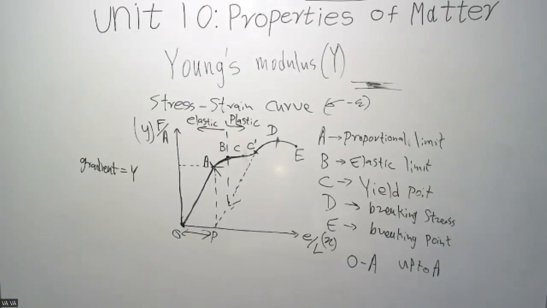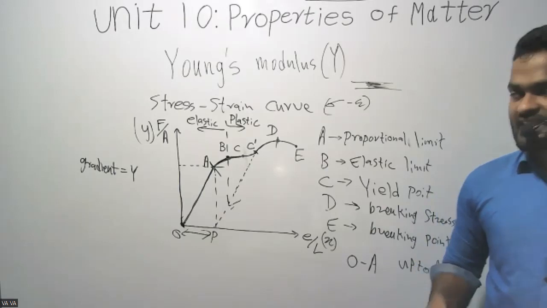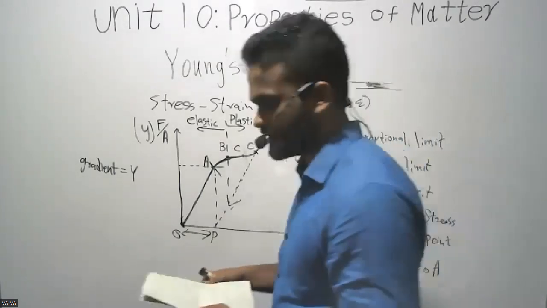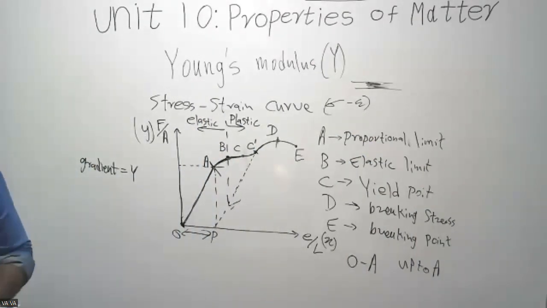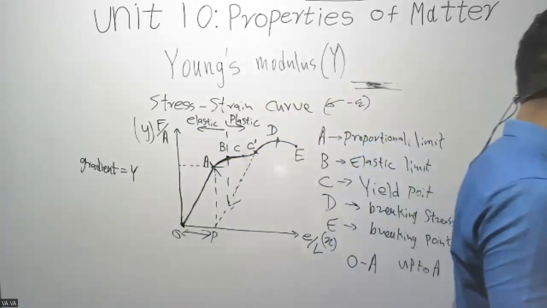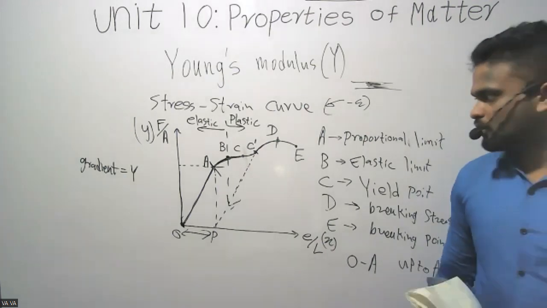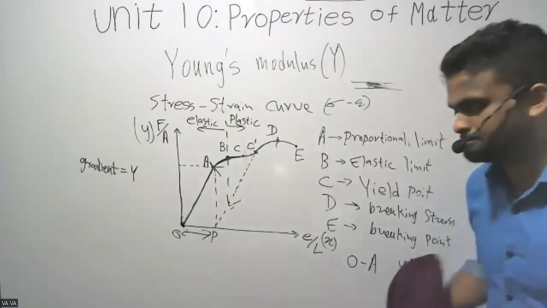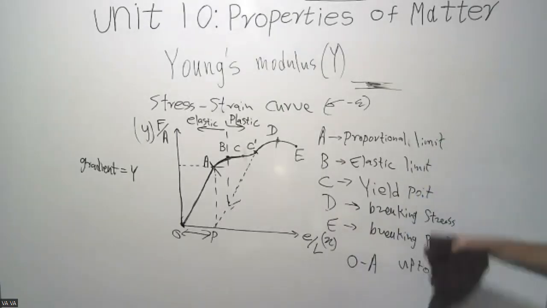Then write down from a new rule, materials that follow this graph are called ductile materials.